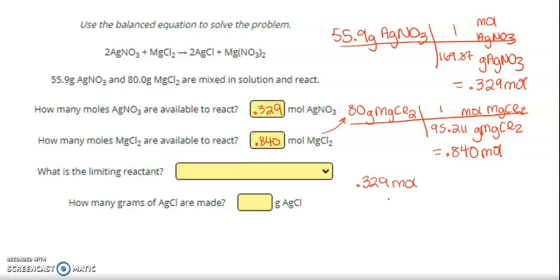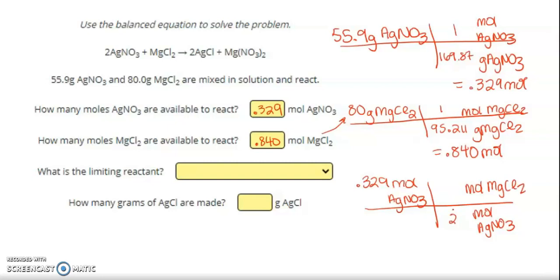Okay, so we start with 0.329 moles AgNO3. Drag down moles AgNO3, and we're going to go to moles MgCl2. Check the balanced equation, that's 2 and 1. Punch that in your calculator, and what you get is 0.165 moles MgCl2. What this means is if all of the AgNO3 were to react, you would only need 0.165 moles MgCl2 to totally react it.